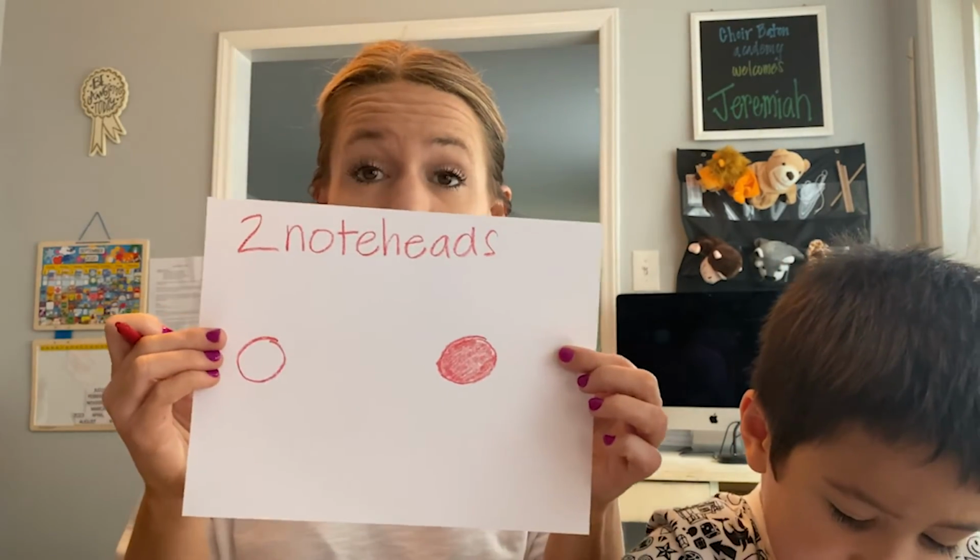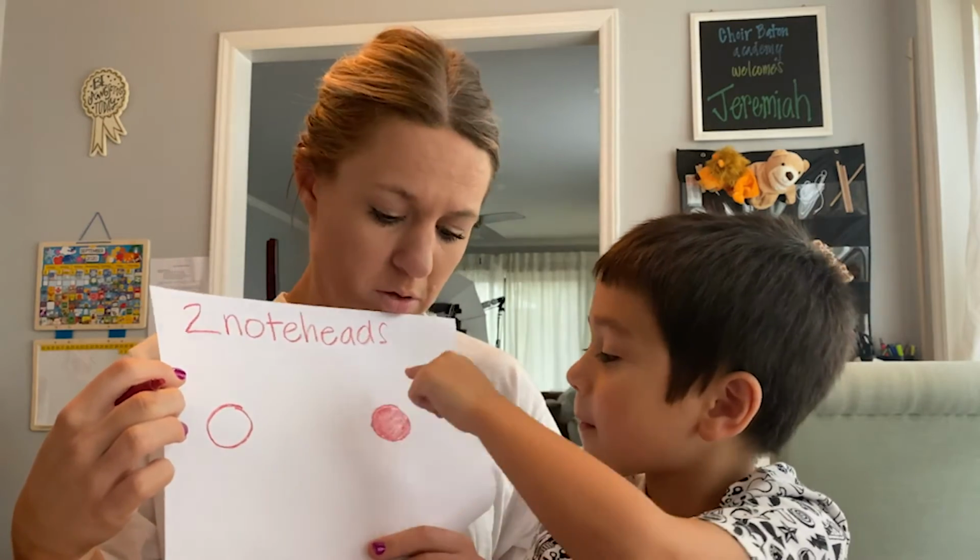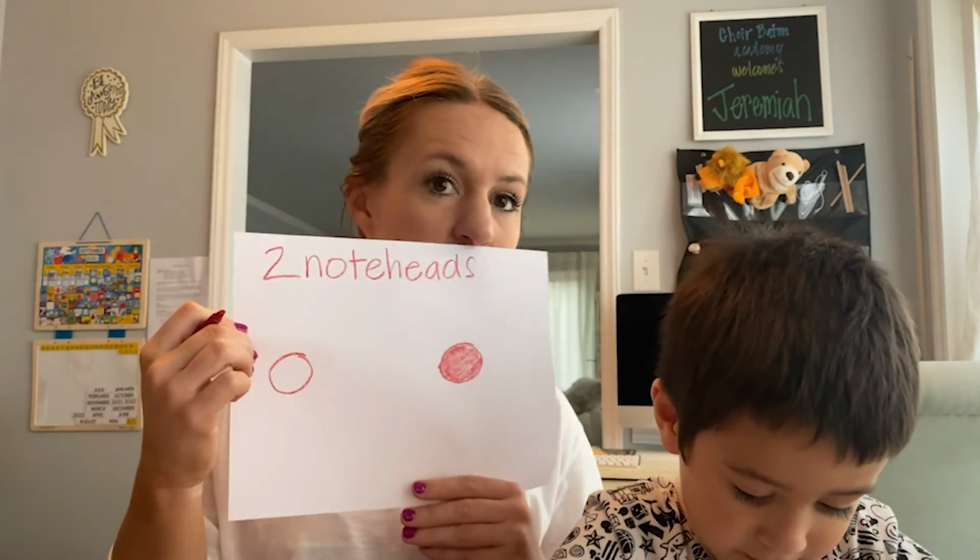Yes, very good. That is the opposite of open. Okay, so we have an open note head and we have a closed note head. Which one is open, Jeremiah? Which one is open? Very good. Which one is closed?